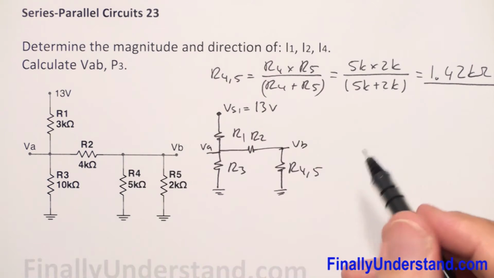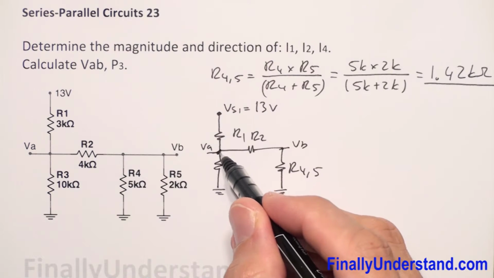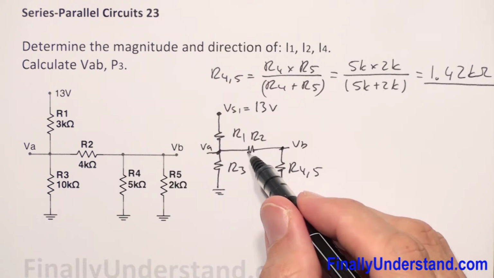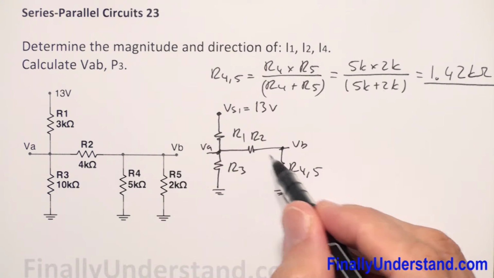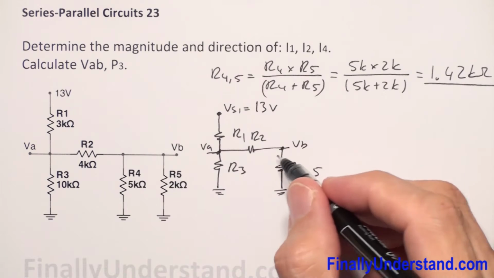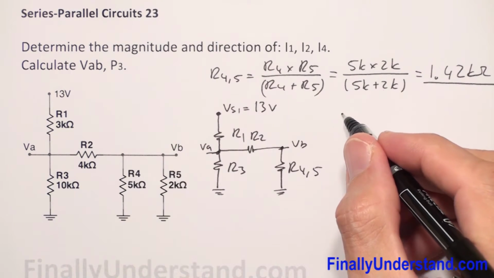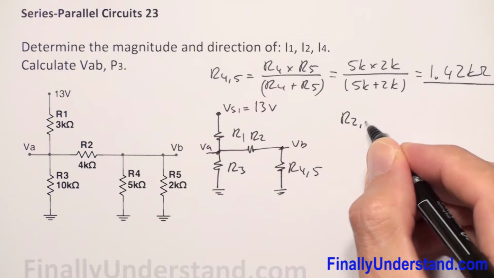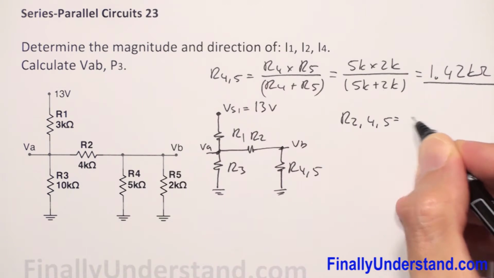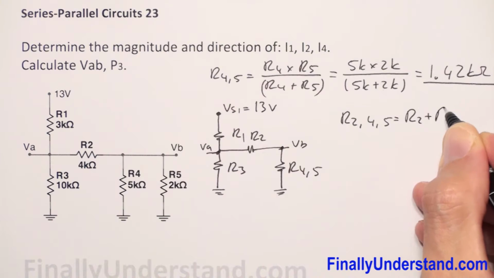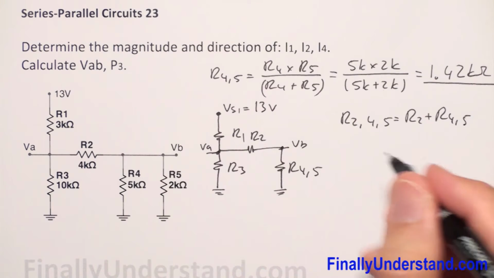Next, I'm supposed to realize that these two resistors are in series. That's why I have to find the equivalent resistance for these two resistors. So I have R245 is equal to R2 plus R45.